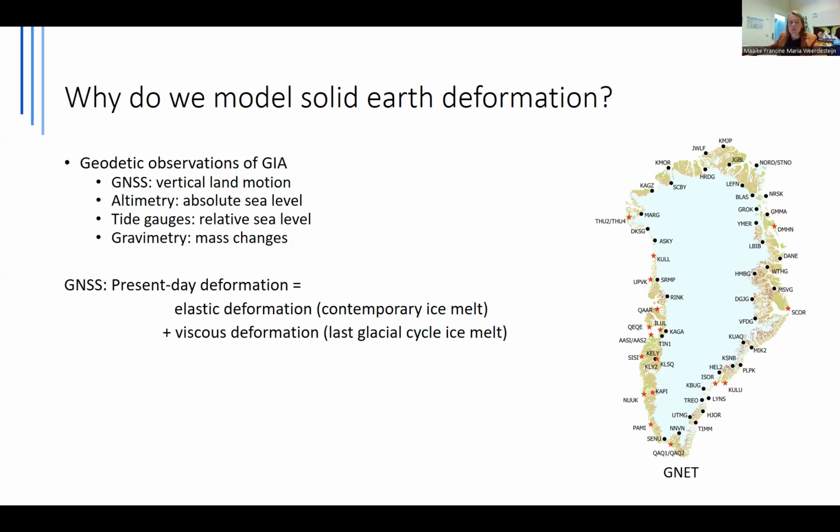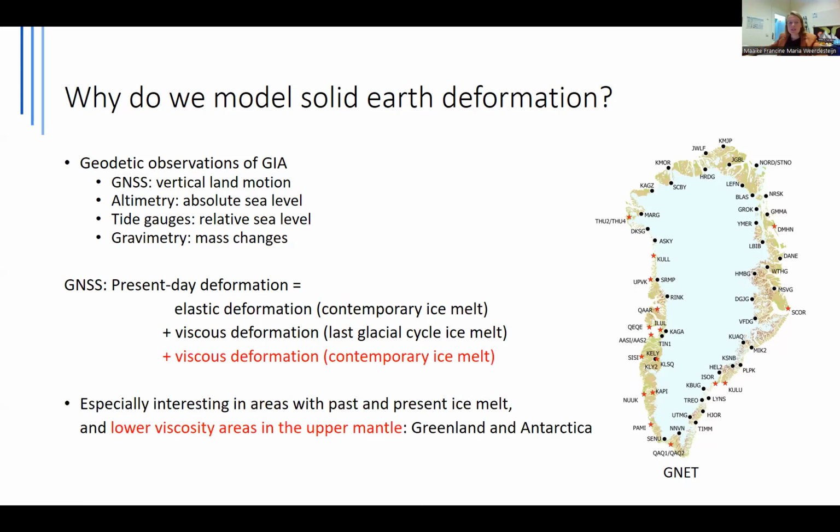But one component that is often not considered is the viscous deformation in response to contemporary ice melt. This will only take place if there is a low viscosity region in the upper mantle. And we actually do think that these areas exist in Greenland and Antarctica, which is quite interesting because those are also locations where there's past and present ice melt.